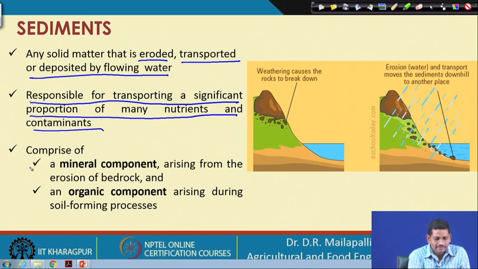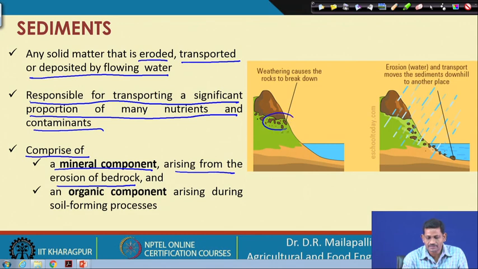Basically, sediments comprise a mineral component, which arises from the erosion of bedrock. During weathering, small rock fragments break down and divide into solid as well as mineral fractions. The other is an organic component, which arises during soil formation processes.